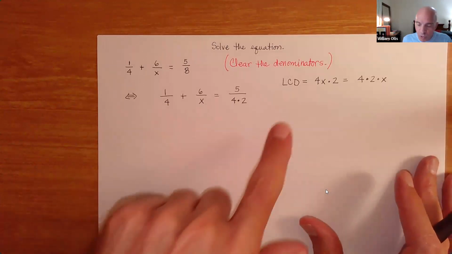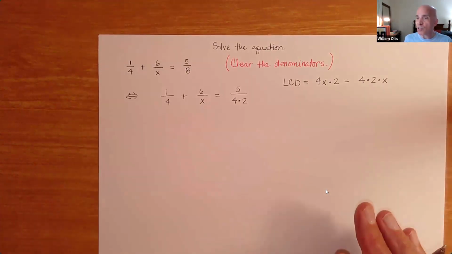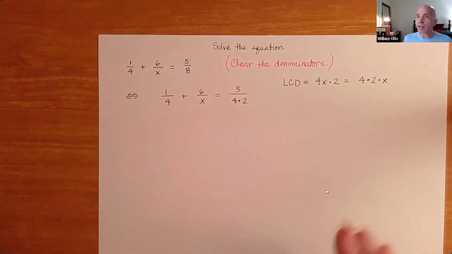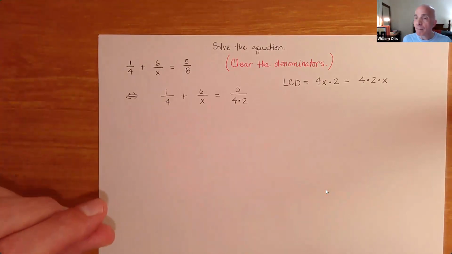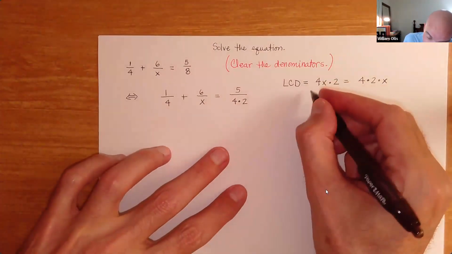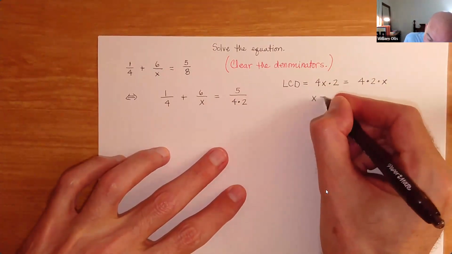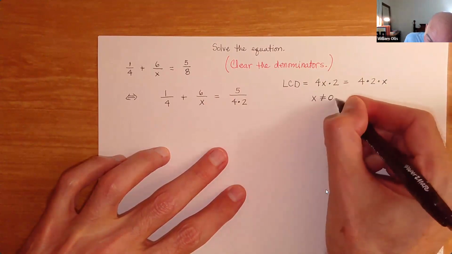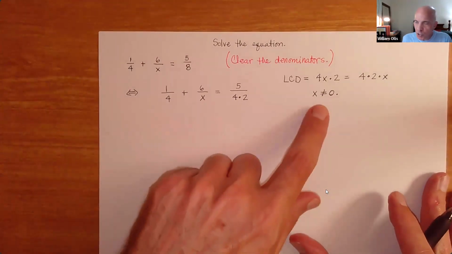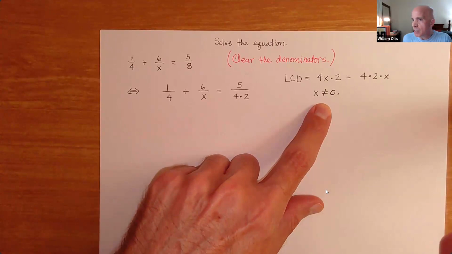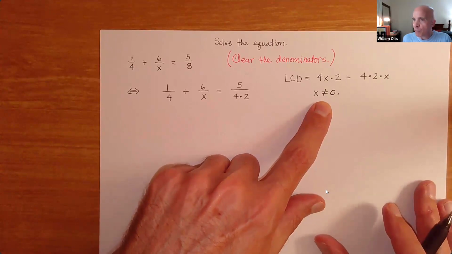So what we would do here is solve the equation and then make sure that none of the values of x that we would obtain would be 0. Now, of course, you pretty much can see that we will probably get a non-zero value for x, but what we want to do is just explicitly state that x cannot be 0. And even though that's maybe easily assumed or obvious, we want to share this with the person that we may be teaching, that this value of x would never be acceptable as a solution.